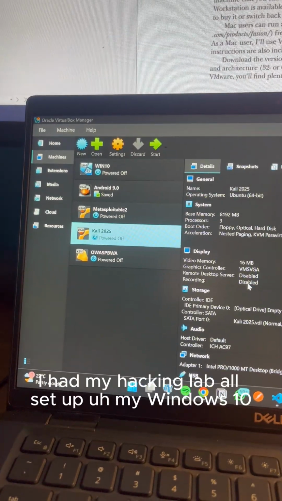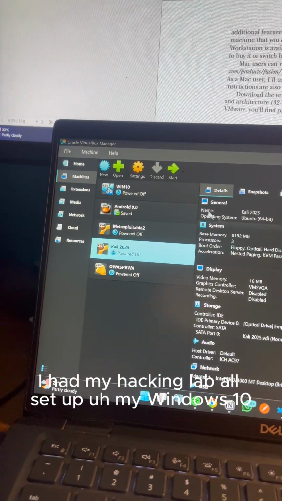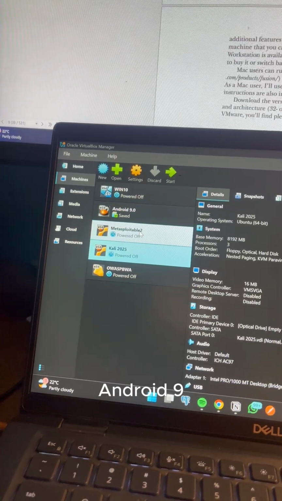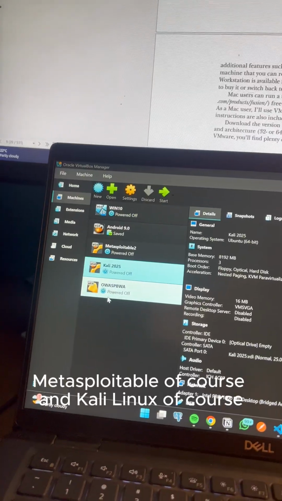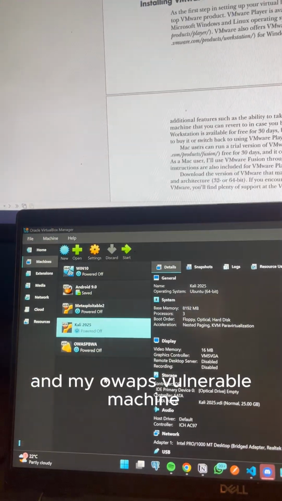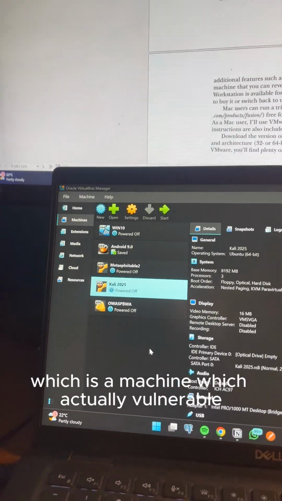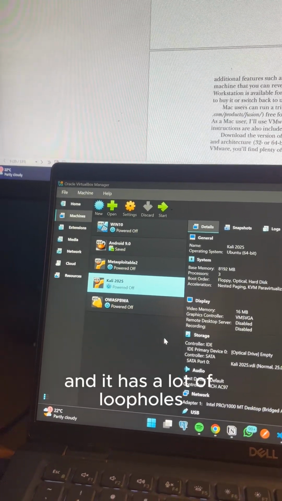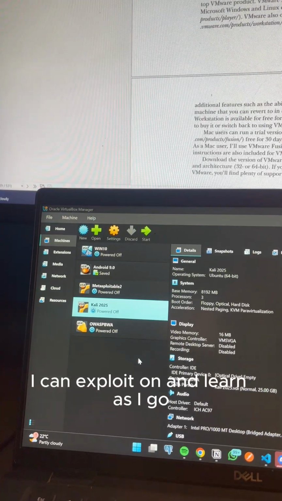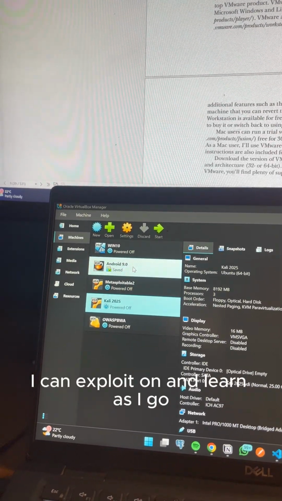And voila, I had my hacking lab all set up: my Windows 10, Android 9, Metasploitable of course, and Kali Linux of course, and my OWASP vulnerable machine, which is a machine which is actually vulnerable, and it has a lot of loopholes, a lot of vulnerabilities that I can exploit and learn as I go.